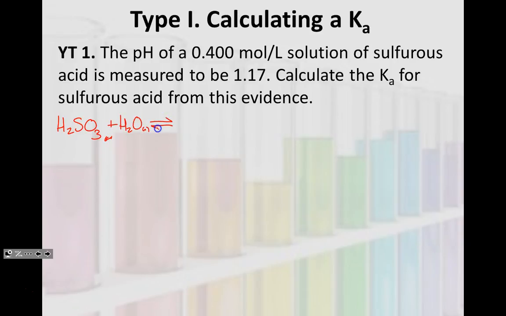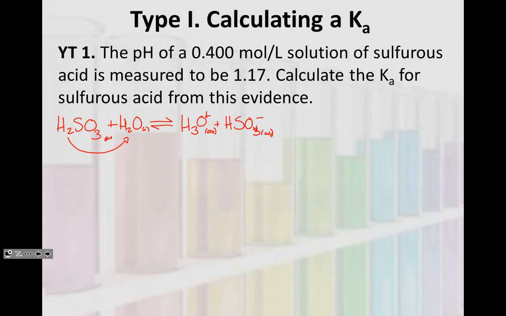It's a weak acid, so I have those equilibrium arrows, and then what's happening is one of the hydrogens is breaking off from the sulfurous acid and attaching to the water to produce a hydronium ion and a hydrogen sulfite ion, which is also aqueous.